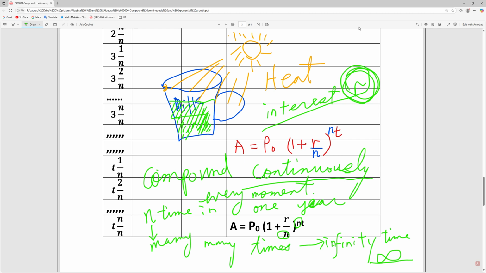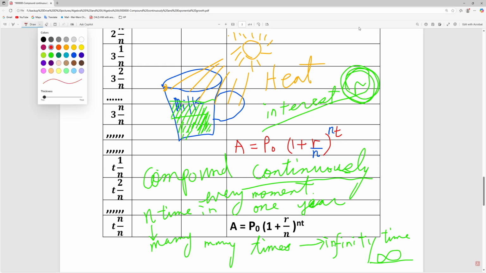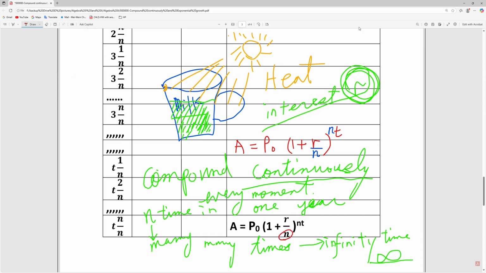Let me erase. When the n in the formula is not a number, it is infinity. Can you calculate? No way you can calculate.